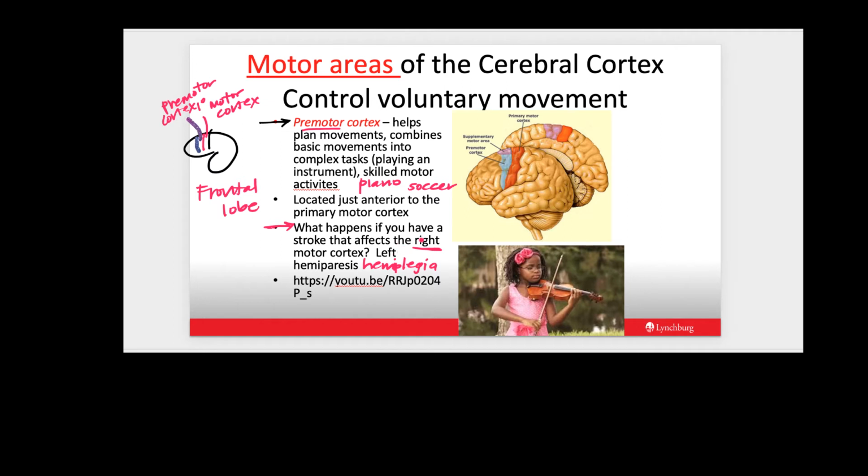The main point here is that we have a contralateral relationship between these two. So the right side of the brain controls the left side of the body. If it affects the motor cortex, then that patient would have difficulty moving or generating movement patterns because of it.